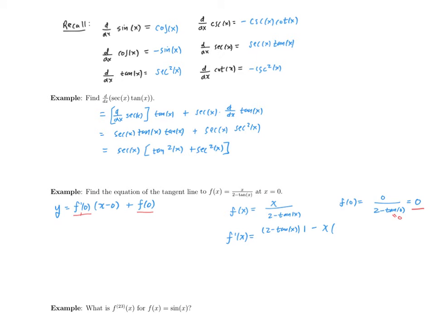And when we differentiate the function 2 minus tangent x, we'd get back 0 from differentiating the constant minus secant squared. And this is all divided by the bottom squared.